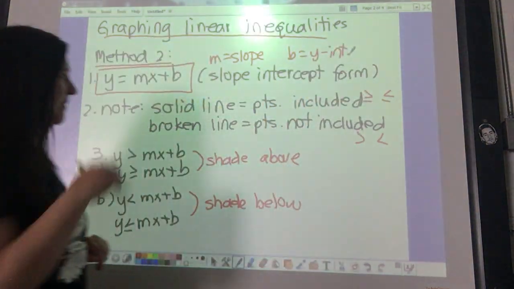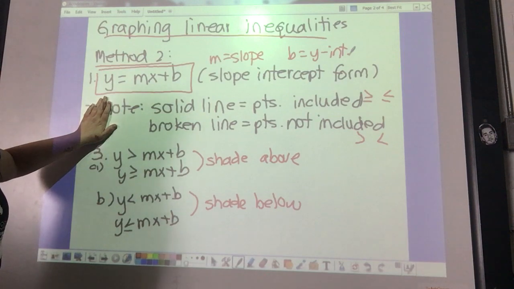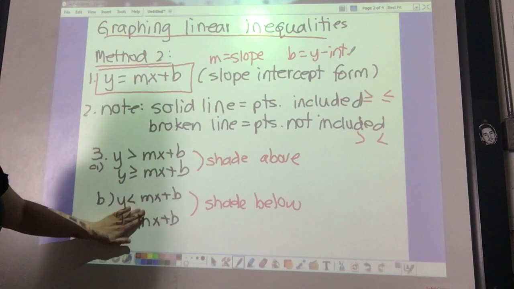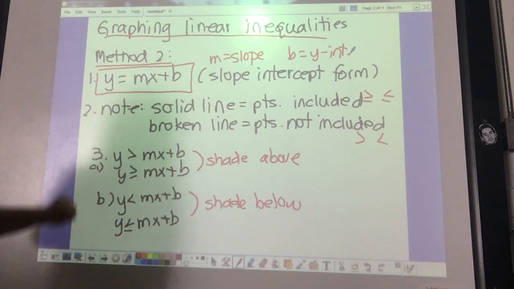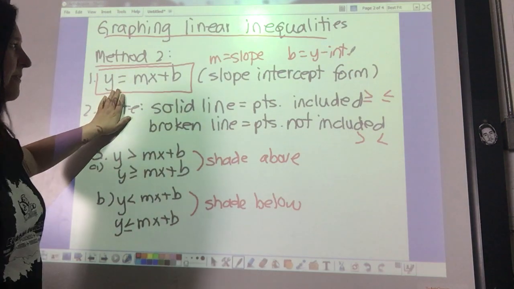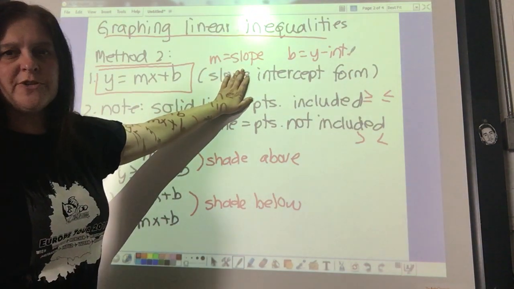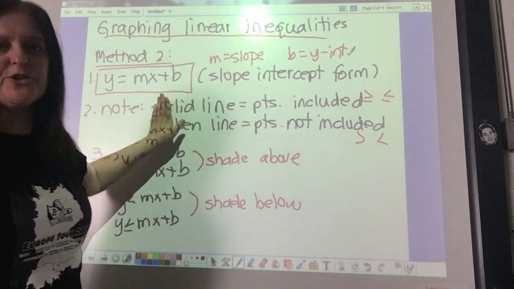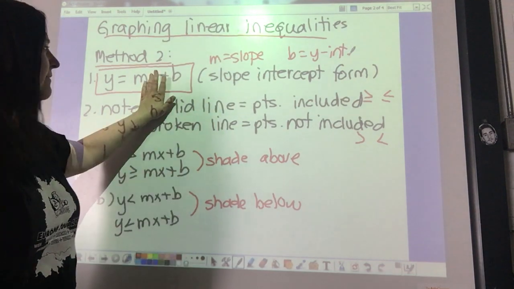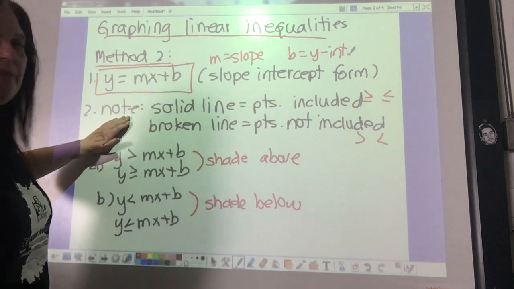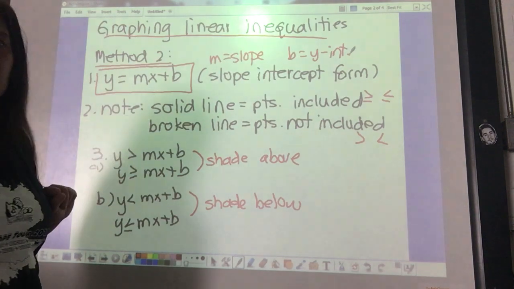That was all grade 10 math. Once it's in slope-intercept form, then you can analyze the inequality sign. So step 1 is we get it to slope-intercept form. We graph the line using slope-intercept form. If you forgot how to do that, reread your grade 10 notes because we spent a month and a half last year going through that. Then once you have your line, there are 2 different ways we can draw our line.